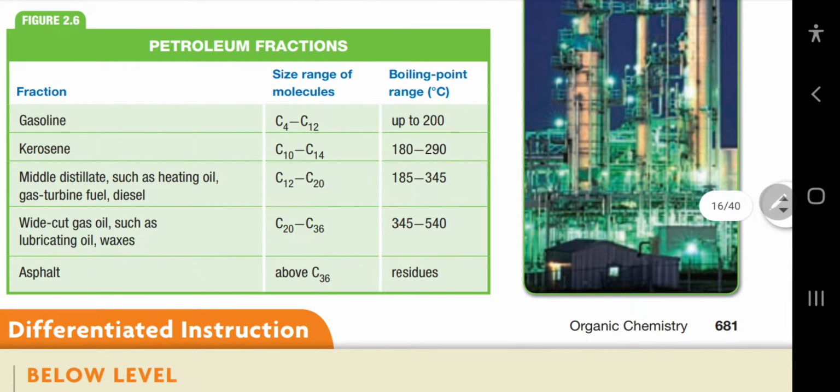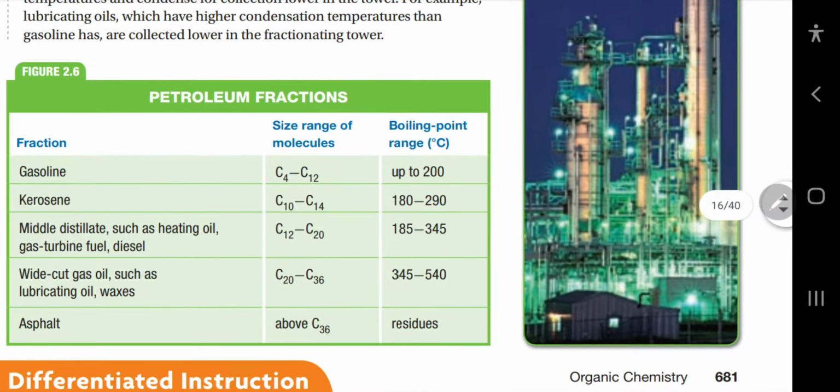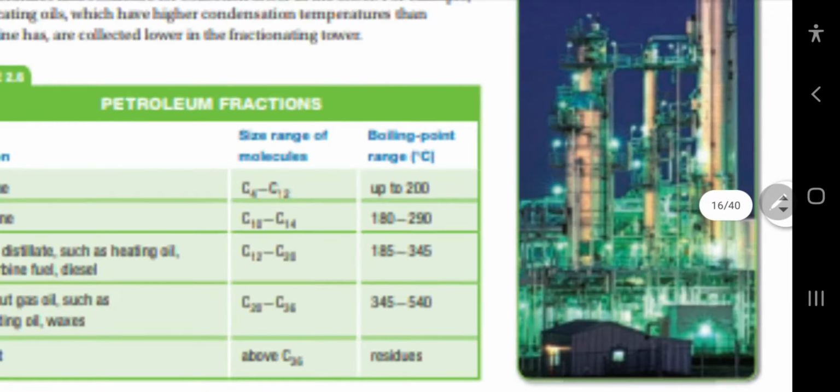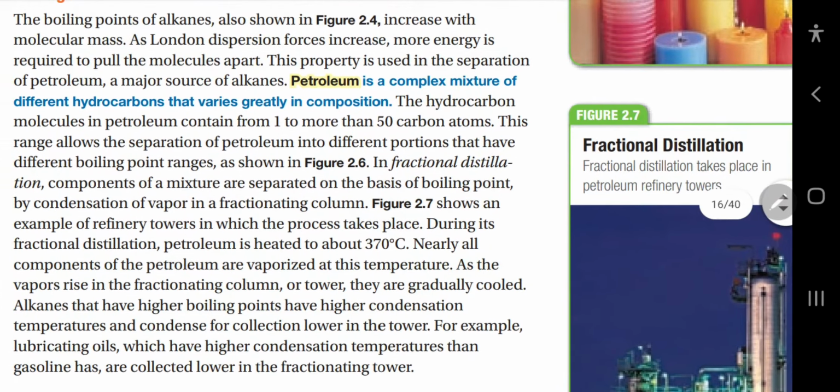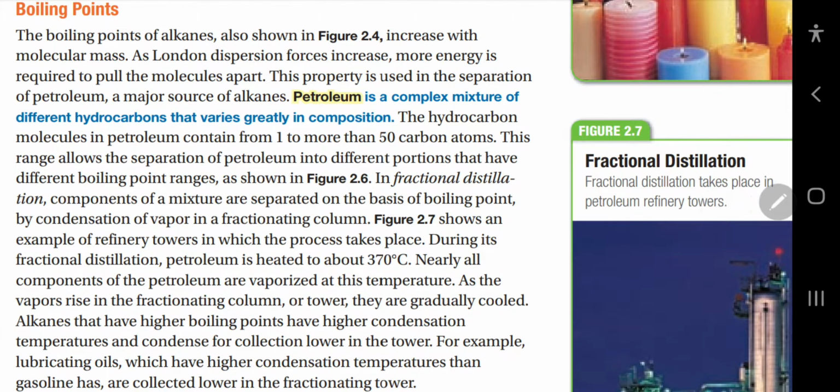If we look here at this table, we extract the fuel petroleum from the earth as a mixture, and this mixture contains many other compounds that we can take. We can extract the compounds from the raw material, the petroleum, by using fractional distillation.